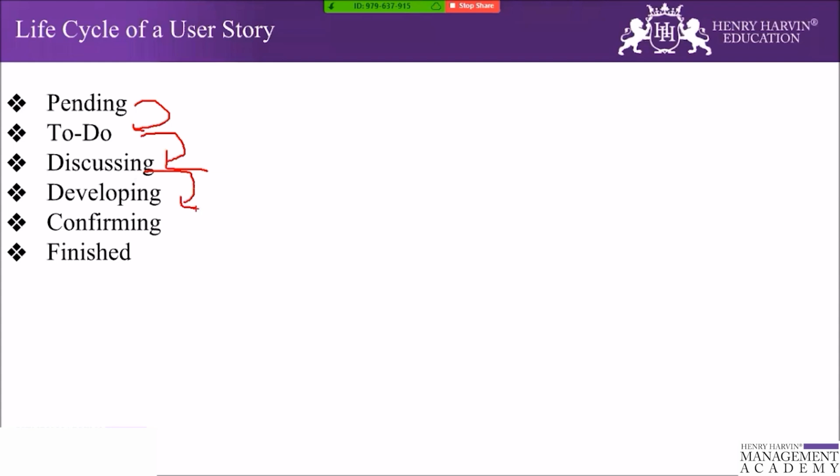Once the development team has implemented a user story, the user story will be confirmed by the end user, and that generally happens in the sprint demo or the sprint review meeting, where the end users see whether, on the basis of the acceptance criteria or the condition of satisfaction, the development team has built the story or not.